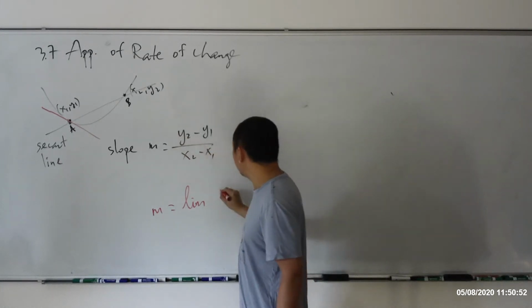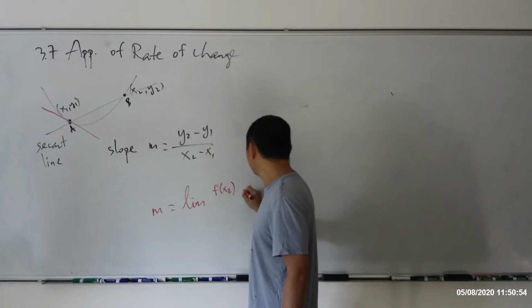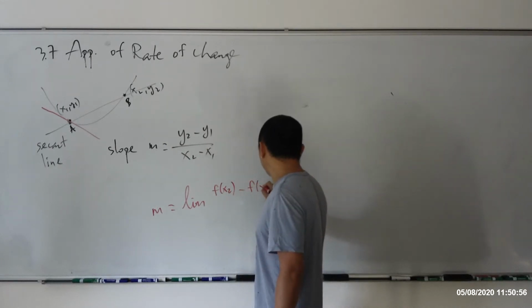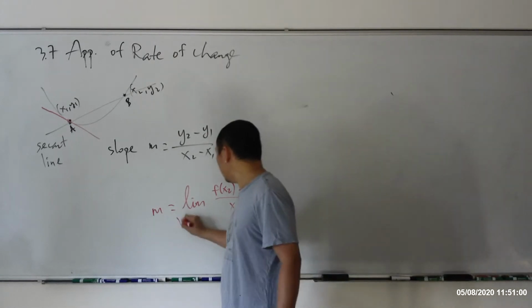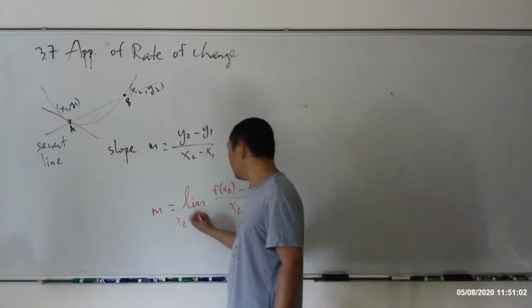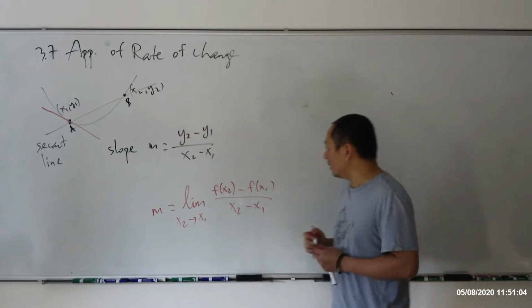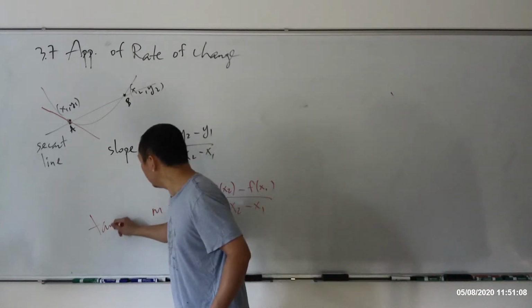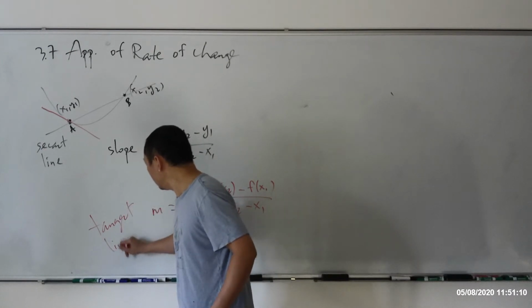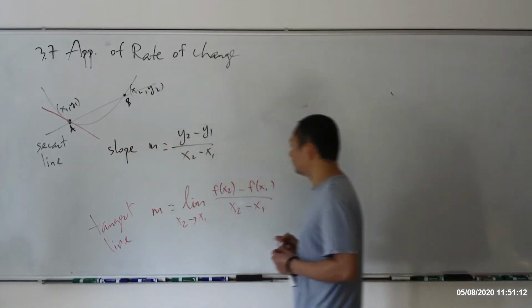Now, by the way, y2 is f of x2, and y1 is f of x1 for a function, and then x2 minus x1 when x2 gets closer to x1. Okay. And we have the slope of the tangent line. This is for tangent line. And this is for secant line.